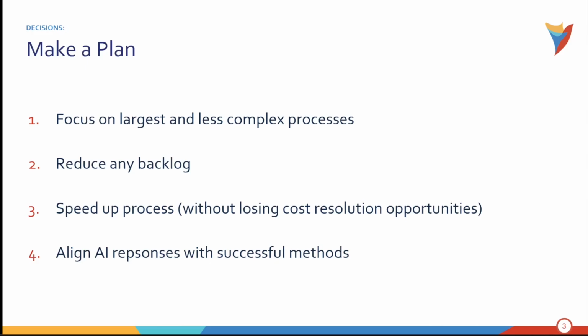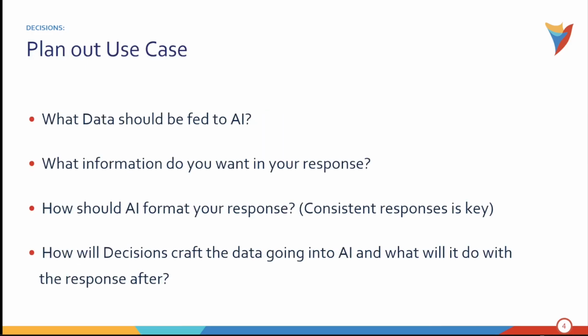So, how can you speed up your process without losing that much cost? You also have to weigh the cost of AI against how much you're gaining or losing with the process by itself. And you have to work on aligning the AI responses with successful methods to get exactly what you're looking for. So consider all these things.